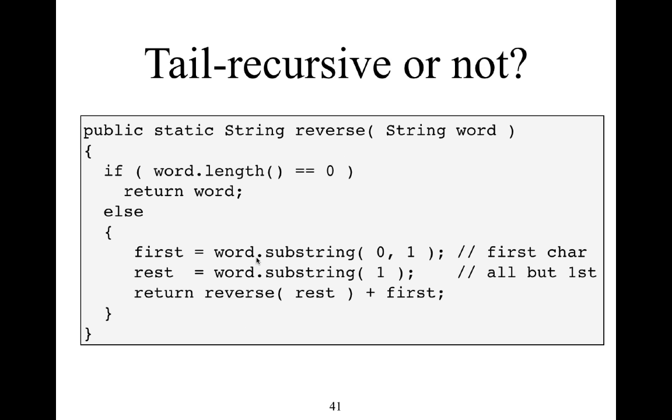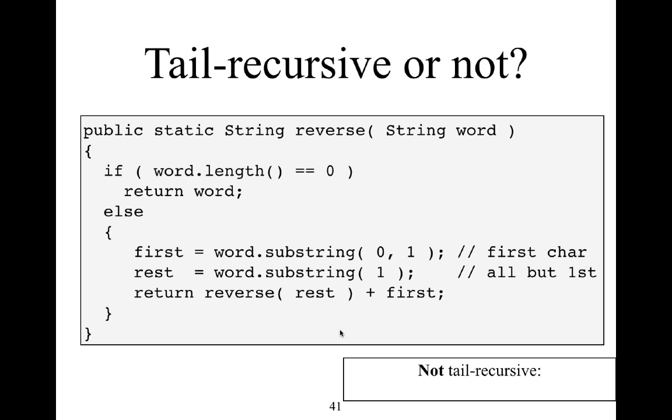Otherwise, we take off the first character and we get the rest of that string, we reverse the rest of it, and we add on the first character at the end. Well, no, it's not tail recursive because we have this operation that takes place after the recursion. It's all on the same line, but it's still, the recursion takes place and then something else has to happen in the code rather than simply returning.